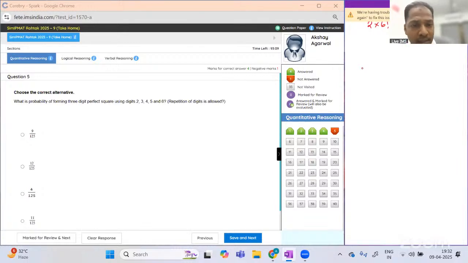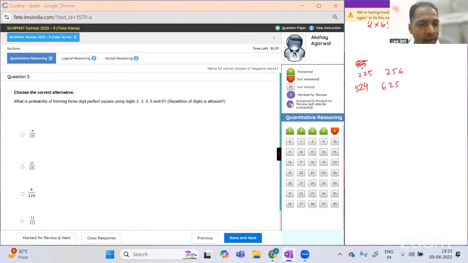Repetition of digits is allowed. I think it's given that it's allowed. Okay, in the 200s, I would have 256, 225, 289 can't be formed. In the 300s, I'll be able to make 324, 361, no. 400, no. 441, no. 484, no. 529. The next square, 576, is not possible. 625 is possible.